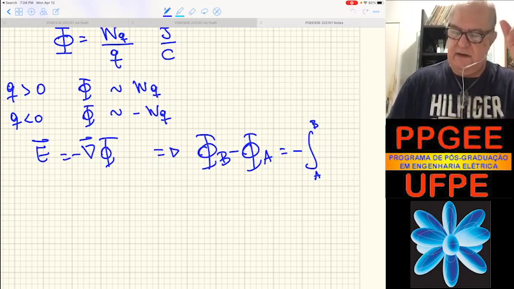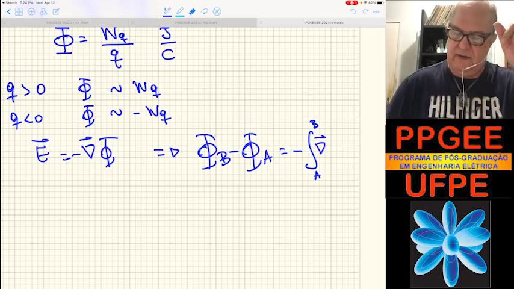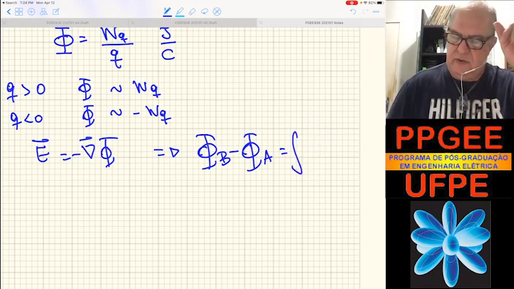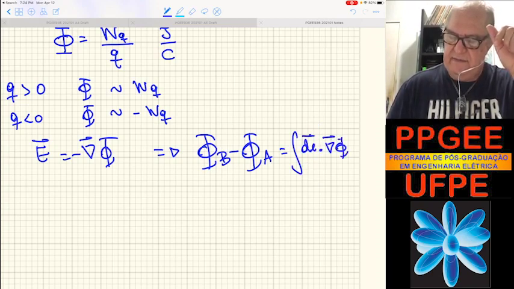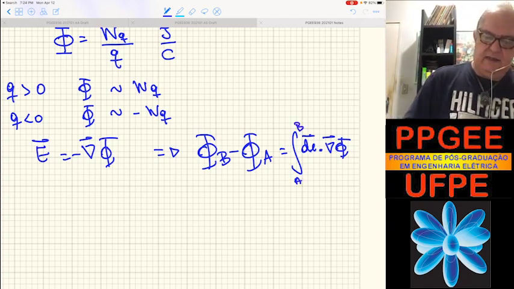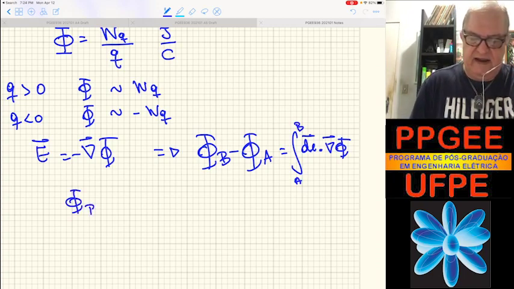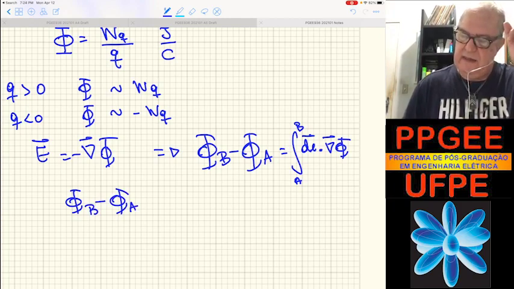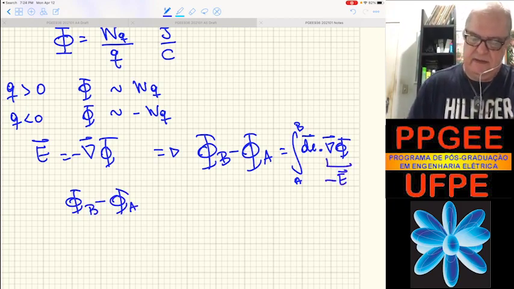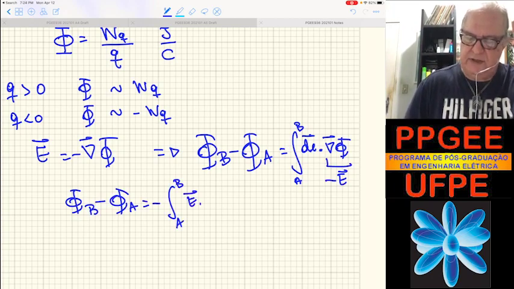I'm sorry, it's not minus nabla, it's plus nabla, right? Sorry about that. Equals the integral of nabla phi dL from A to B, so that's the potential difference between 2 points, phi B minus phi A. So if I use this, this is minus E, right? So I have this simple relationship here.